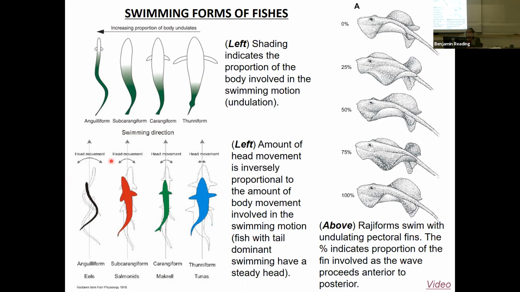And so head movement is maximized here. Now, if your idea is going straight ahead and being able to see straight ahead, number one, for predators, but also to identify prey items, you sort of want to stay on target, right? So oftentimes undulating with a lower proportion of your body allows your head to swing less.